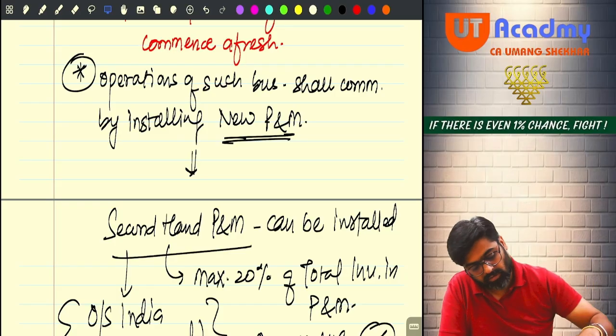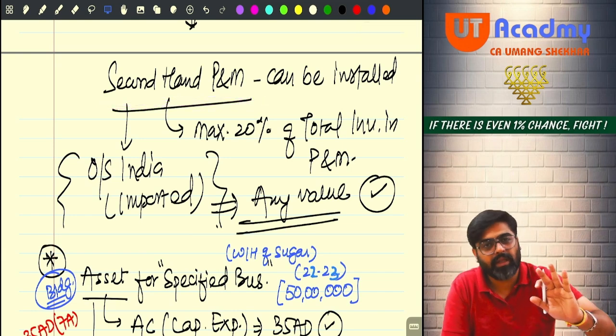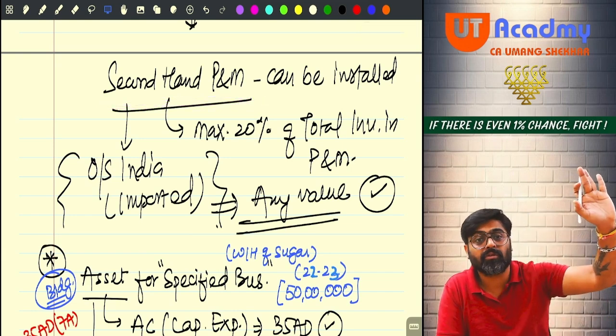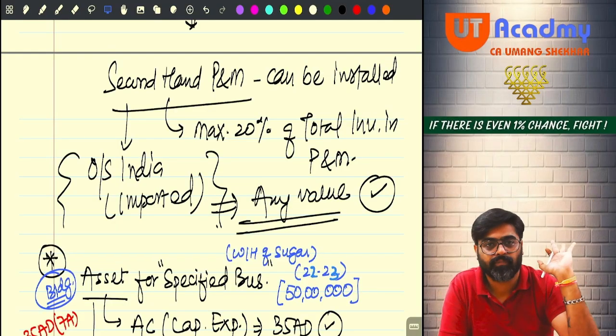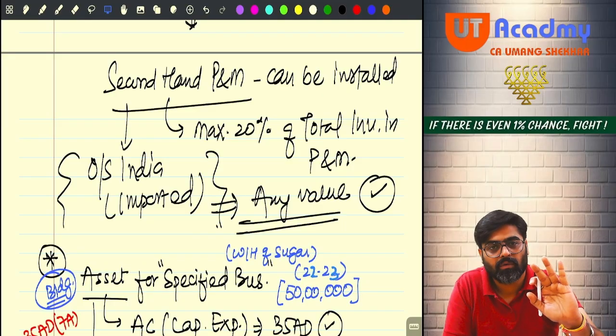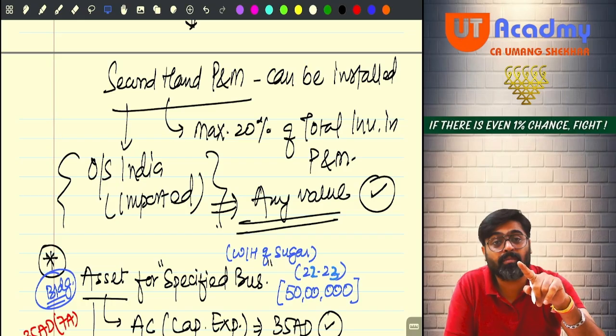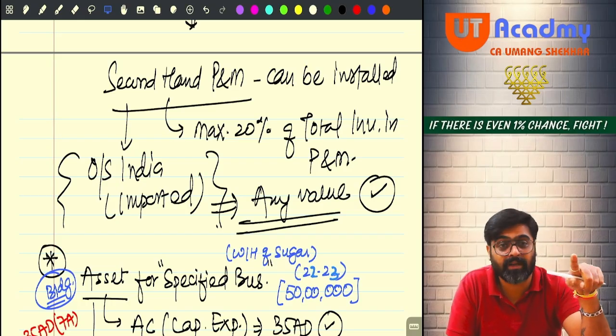Yes or no? So, is second-hand plant and machinery allowed or not? Firstly, if the entire plant and machinery is new, then it is very good. But if the entire plant and machinery is not new, then second-hand is allowed, but it cannot be more than 20% of the total investment in plant and machinery.